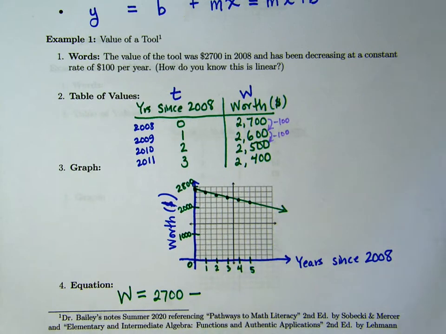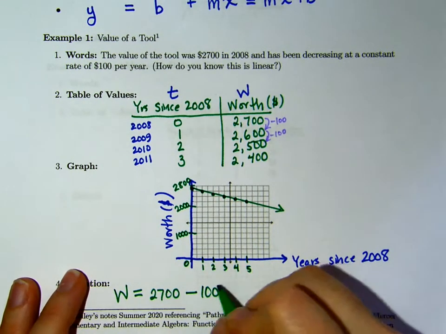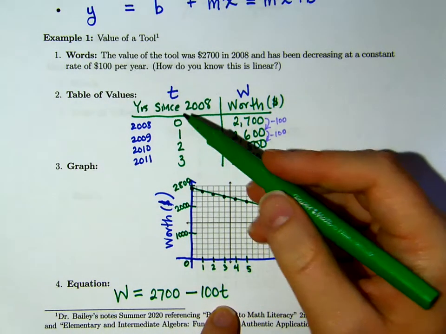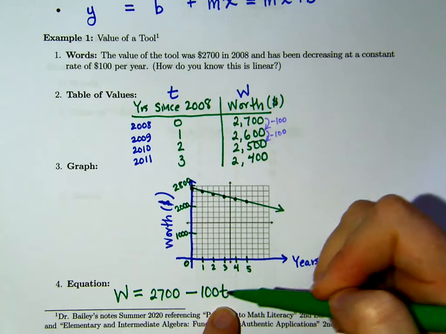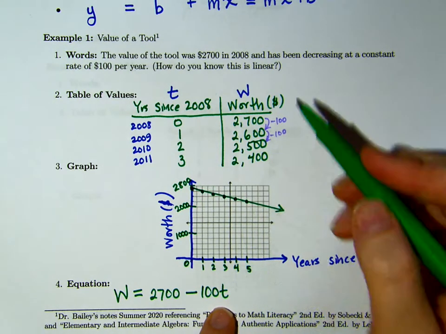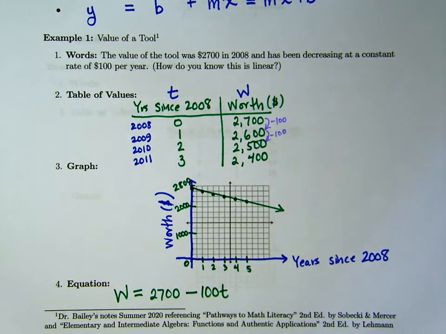Depreciates by $100 T times, where T is the number of years. So if no years have passed, 100 hasn't been taken away yet. But if 3 years have passed, then 300 has been taken away, 100 taken away 3 times. So, got it.